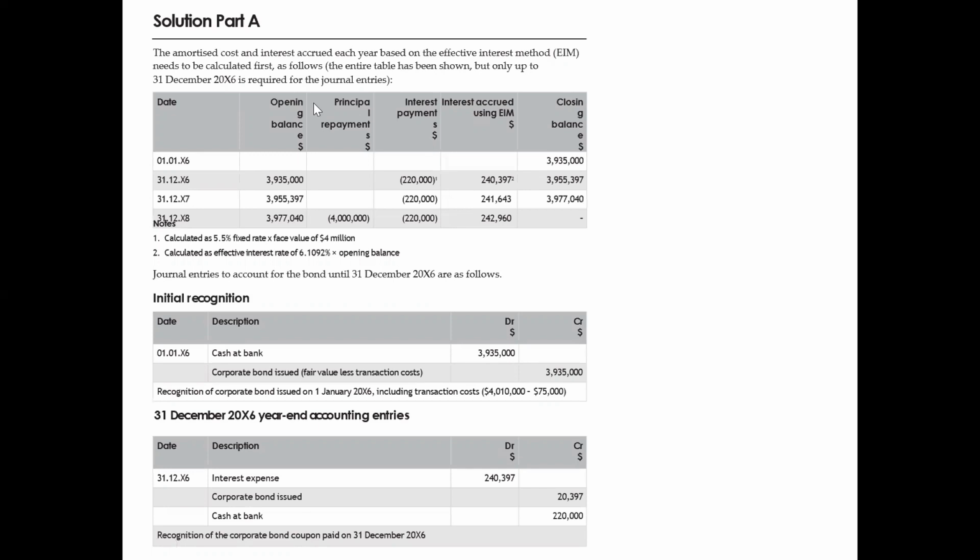Remember we issued the bond for, again, anyone like to take a guess before I go through the answer?